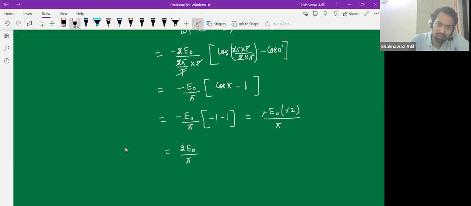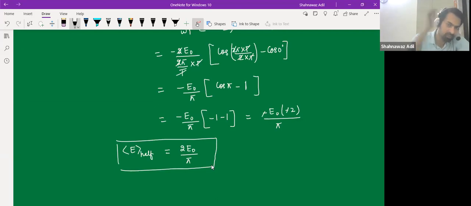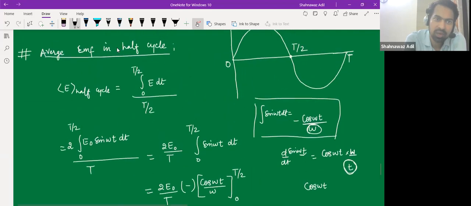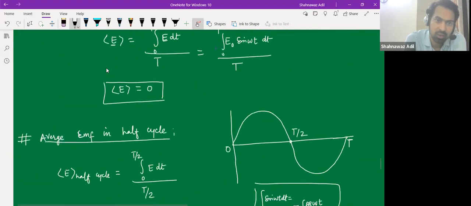So this is the average EMF in half cycle. Let me write it half. So, understood everyone? Is this part clear or do you guys have any doubts? Okay, so if you guys don't have any doubts, then please note it down from here.